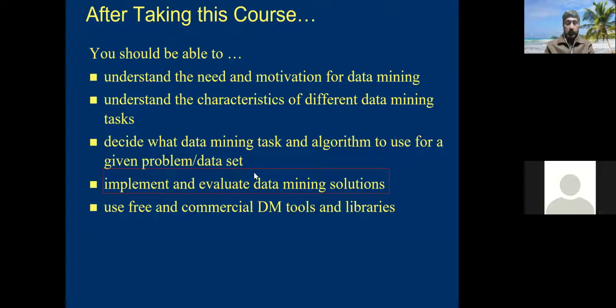Classification is often done in quite some detail in other courses. We might introduce the concept of classification and maybe one algorithm, but we won't go into the details of multiple algorithms in classification. In addition to this, of course, there are many other tasks as well. We won't have time to discuss all tasks that are possible in data mining.